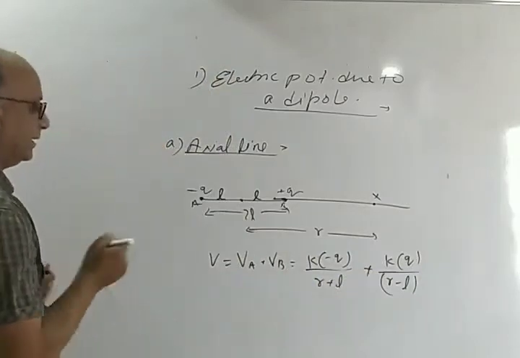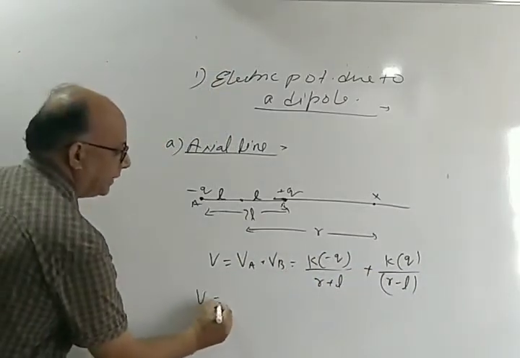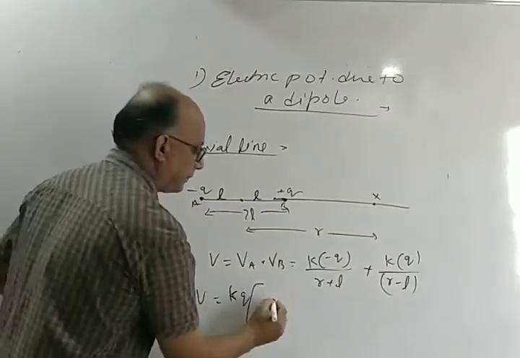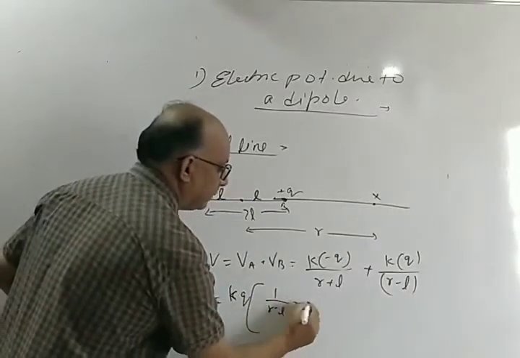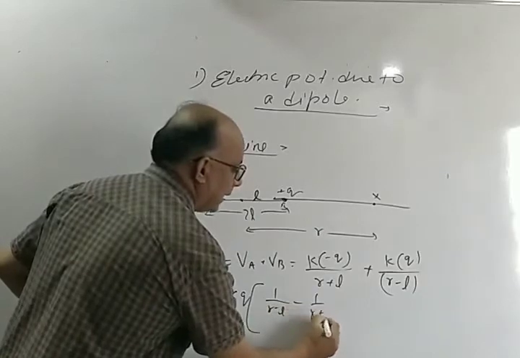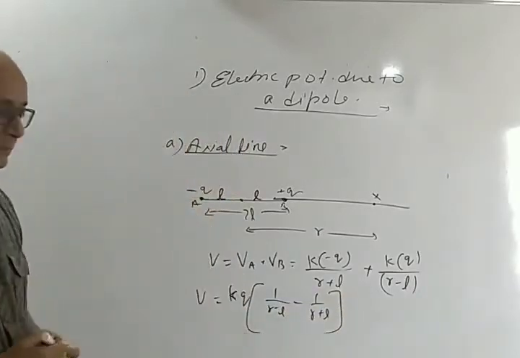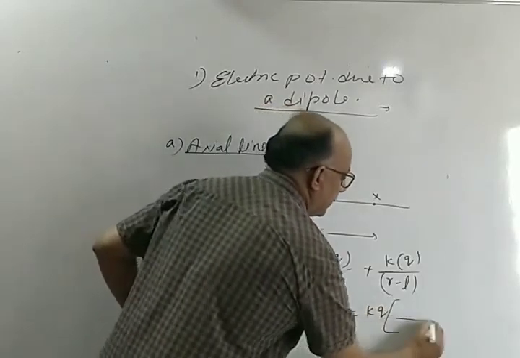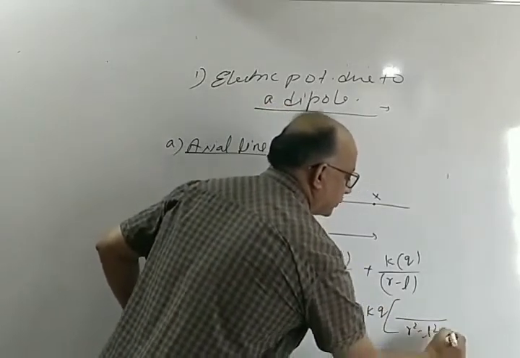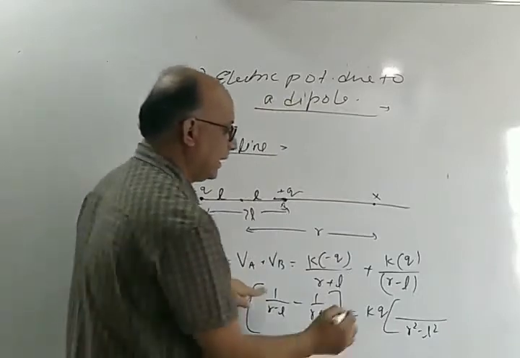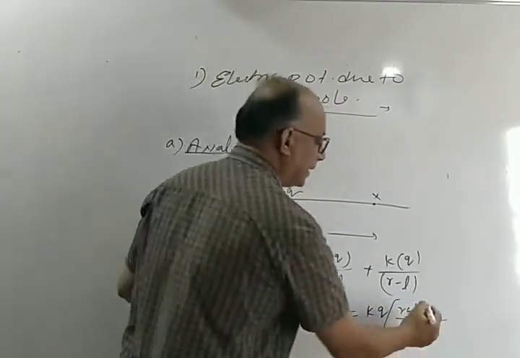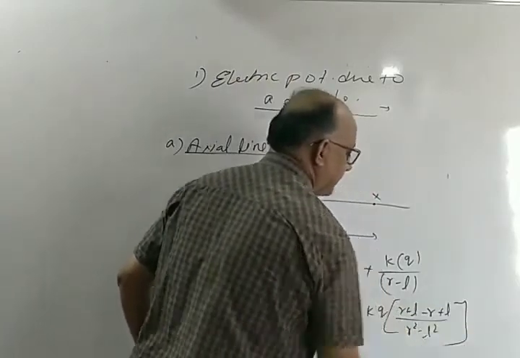So basically, V, kq is taken as common. This is 1 by R minus L minus 1 by R plus L. If you take the LCM, this is kq, and here it is R square minus L square, and in the numerator R plus L minus R minus L, so this is R plus L again.